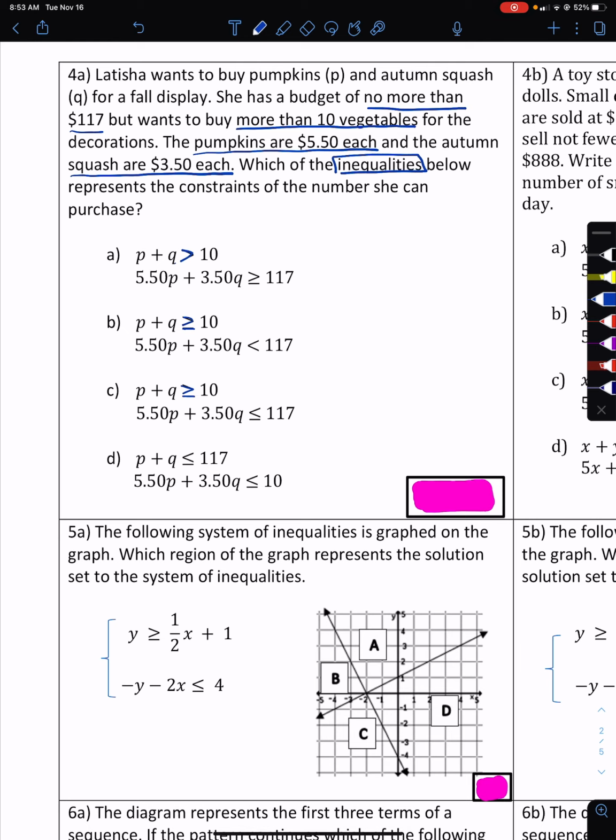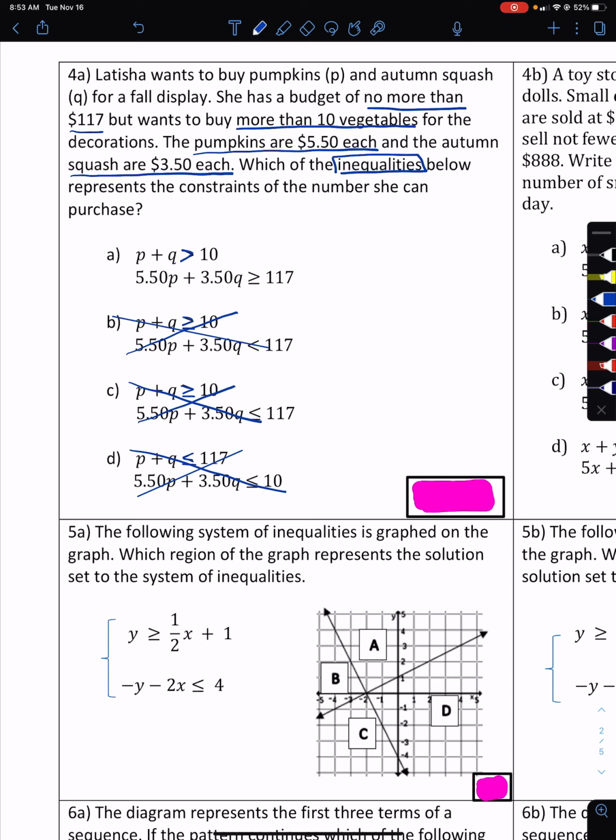And P plus Q is less than or equal to 117. So I'm going to go ahead and cross off D right up front. Okay, she wants to buy more than 10. So if she wants more than 10, she doesn't want it to be equal to 10. So I can already cross off B, already cross off C. My only option in this case is A.